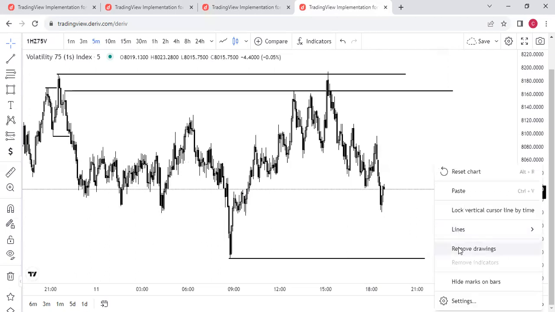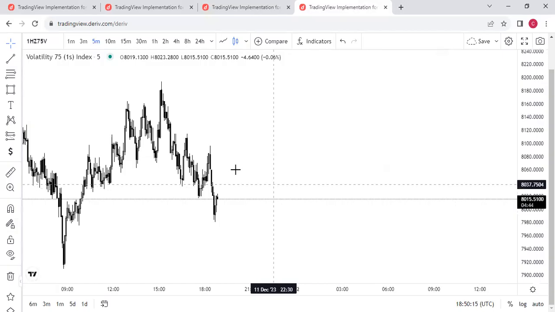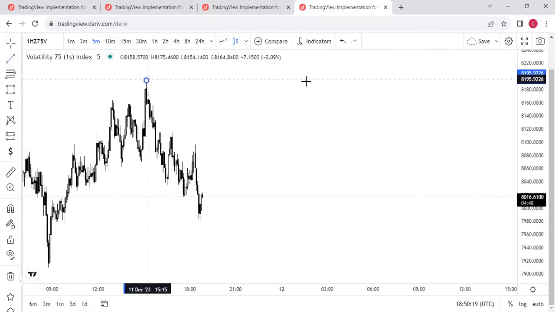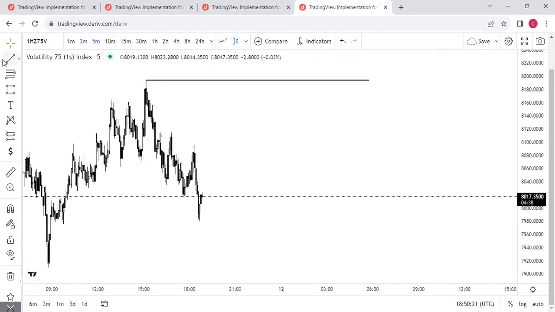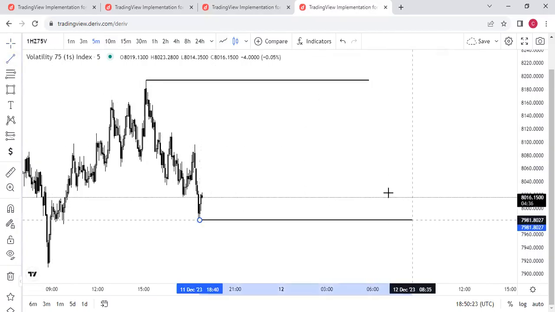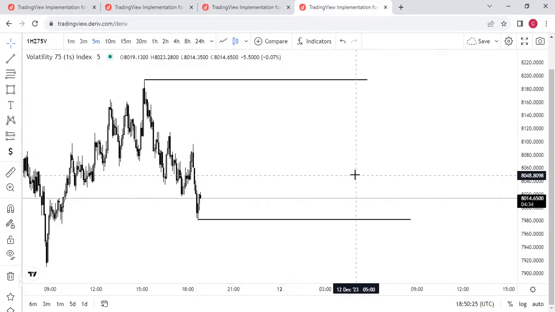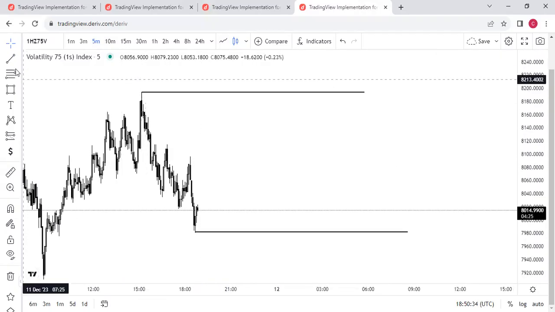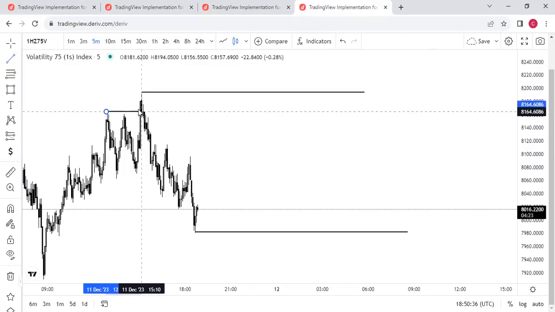Let me give you one example. What can you see here? You can see a swing structure from here. This is your A here. Let's take this as our C. Now remember, what's B? B is the closest eye to your previous eye, to your protected eye. This is your protected eye, because it swept liquidity.